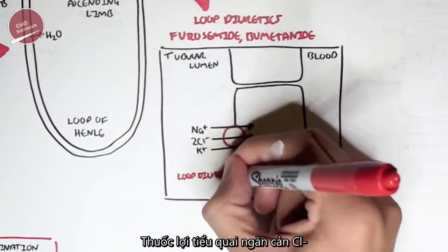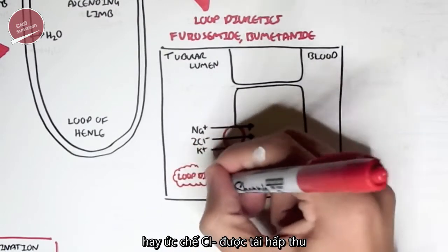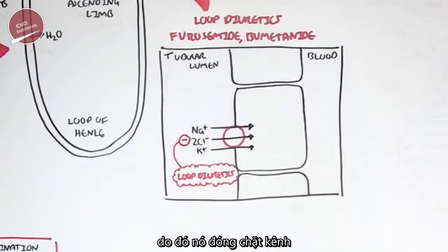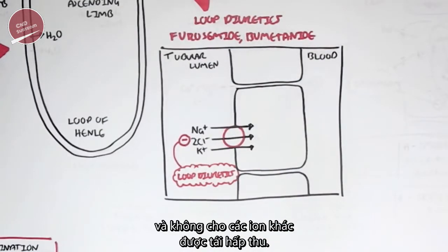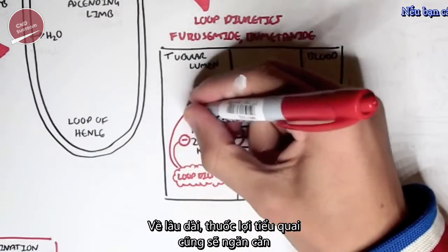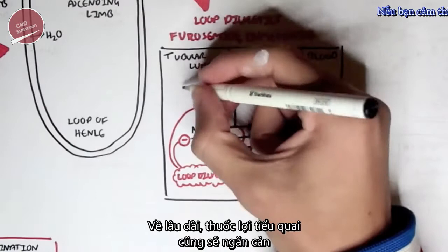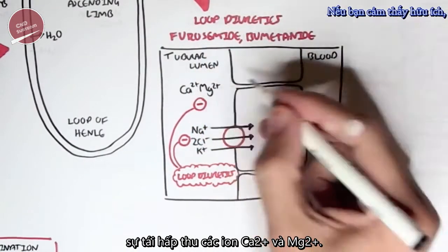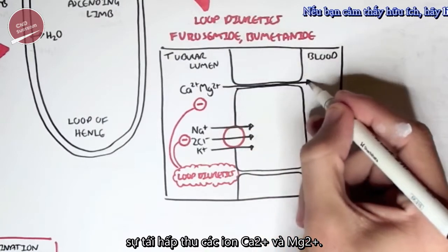Loop diuretics inhibit this chloride from being reabsorbed and thus basically disrupt the transporter, so the other ions are not reabsorbed. In the long term, loop diuretics will also prevent the reabsorption of calcium and magnesium ions.